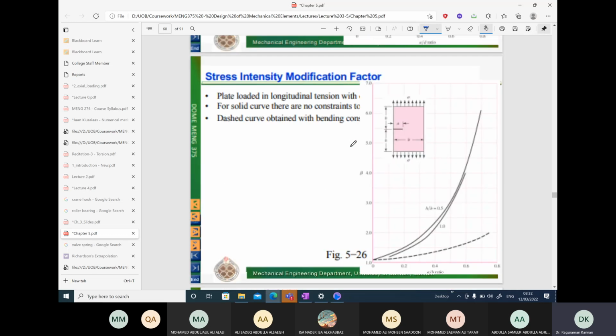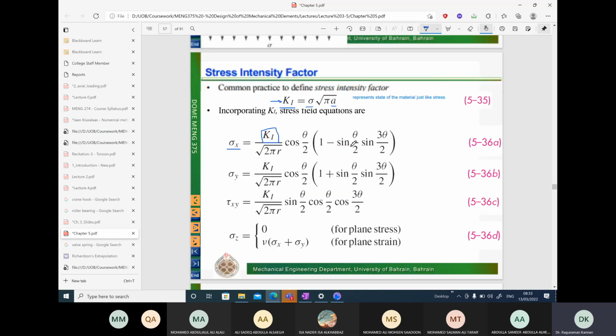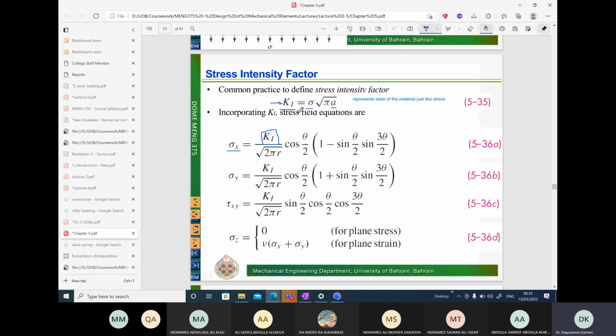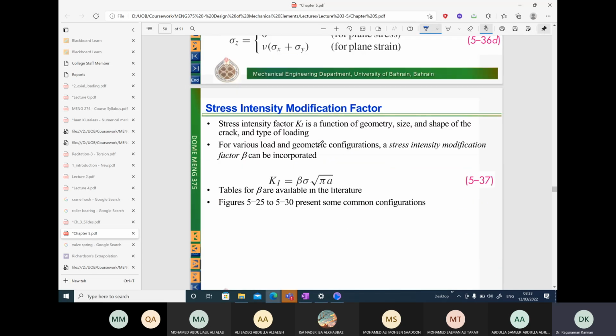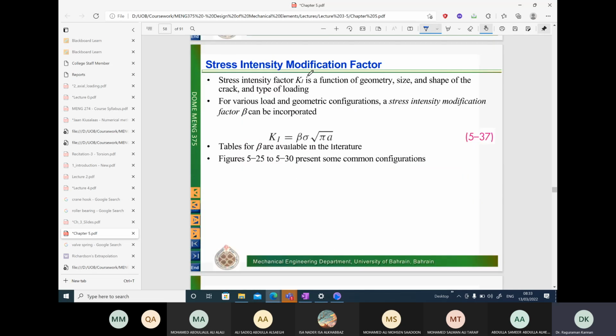Now let's go back for a second and discuss more about the calculation of the stress intensity factor. So what is Ki? Ki obviously depends upon the geometry of your crack, size of the crack, shape of the crack, and type of loading or the mode in which the crack propagates, specifically mode 1 crack opening.